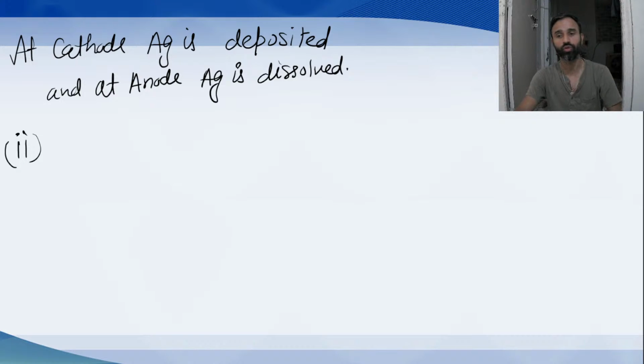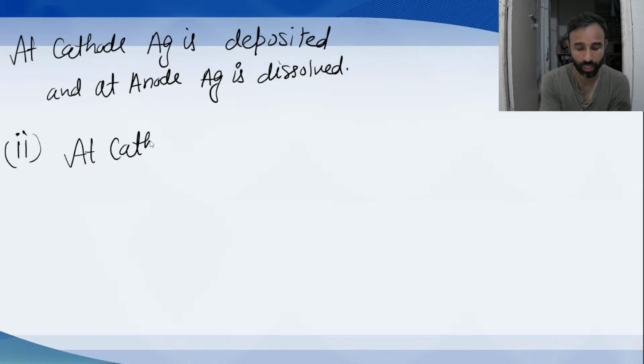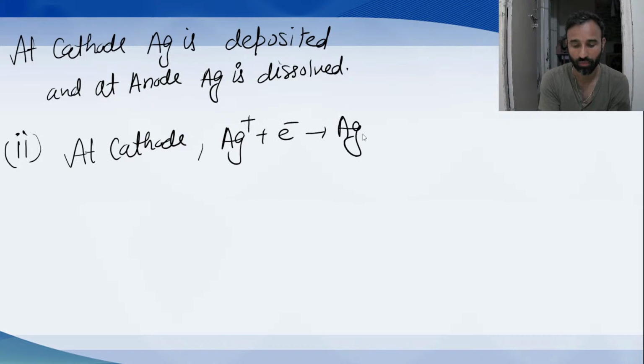Now second part, using an aqueous solution of silver nitrate using platinum electrode. Platinum is non-attackable electrode. That's why at cathode same reaction takes place. That is Ag+ gains one electron and we get Ag solid.